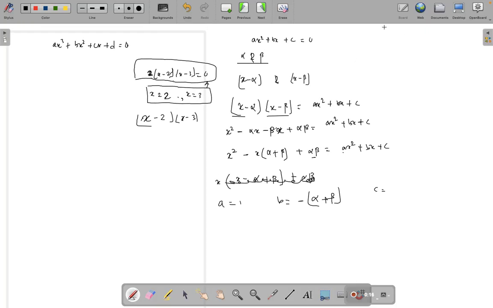For example, the equation was x square minus 5x plus 6. You'll get this equation, but the original equation was 2x square minus 10x plus 12. When you factorize this, you'll get 2 times (x minus 2)(x minus 3), so the roots will be x equals 2 and x equals 3.